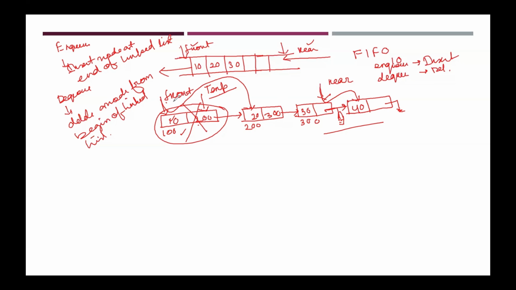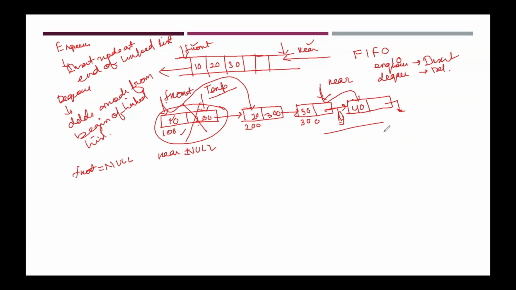So first becomes the front, and last becomes the rear. Initialization means whenever there is no data, we make front equal to null and rear also null. There is no data, so these two pointers we make null.